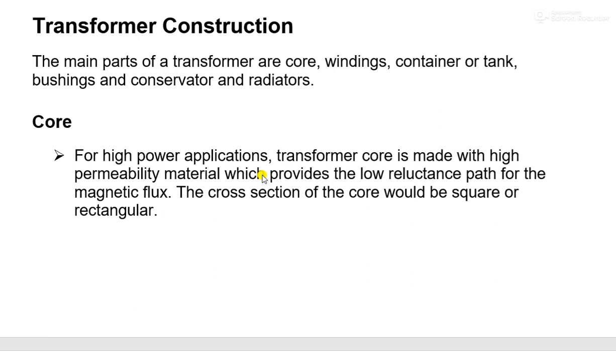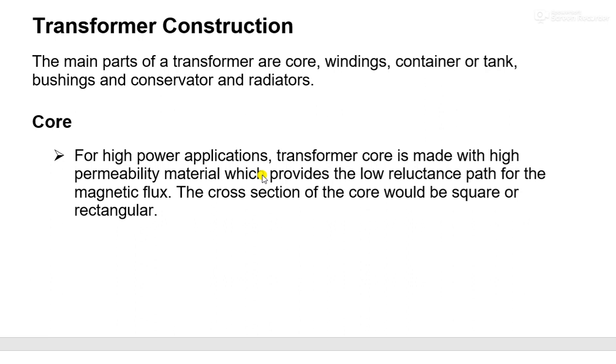Why are we using a core? The core material should have high permeability and low reluctance, so that we get maximum passage of magnetic flux from the primary to the secondary winding, ultimately resulting in the magnitude of EMF we get across the secondary.